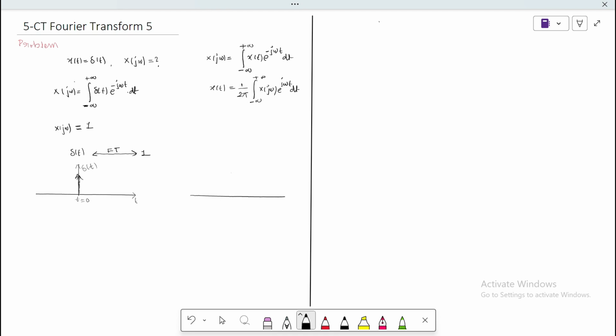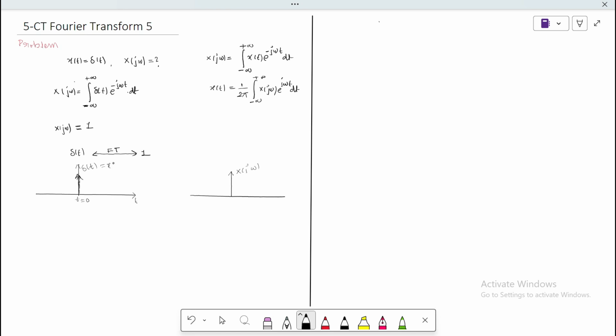So its Fourier transform is X of j omega.